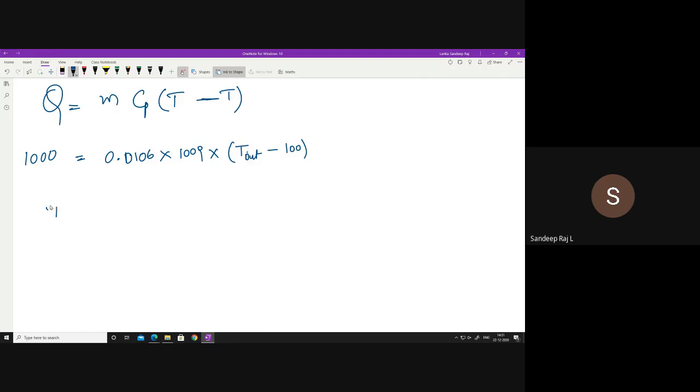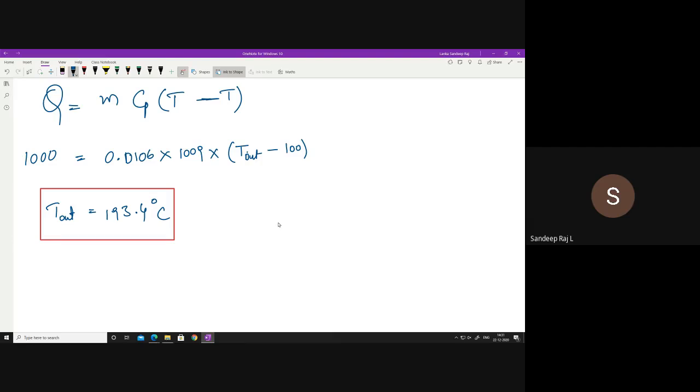So from this, tell me what is T outer. 193.4. This is what he is asking you to find, and this is in degrees centigrade. So you are done with your T outer.